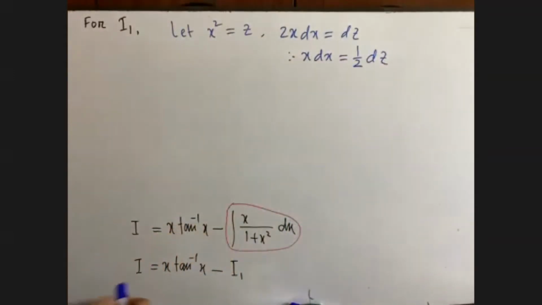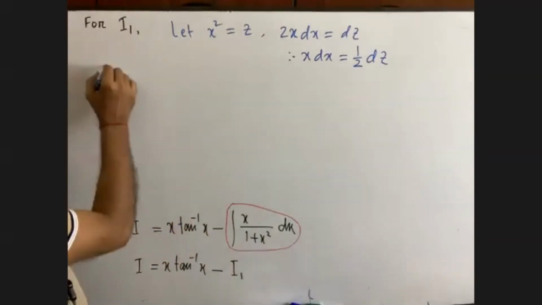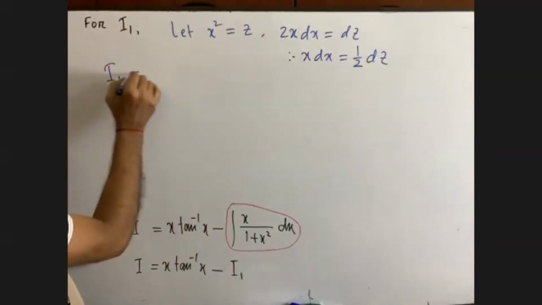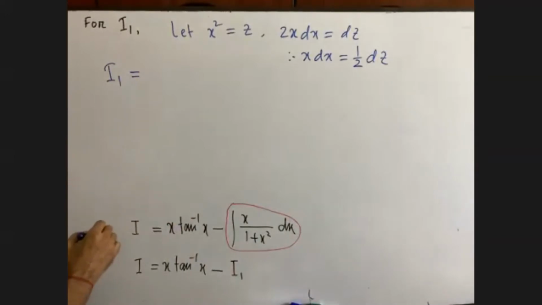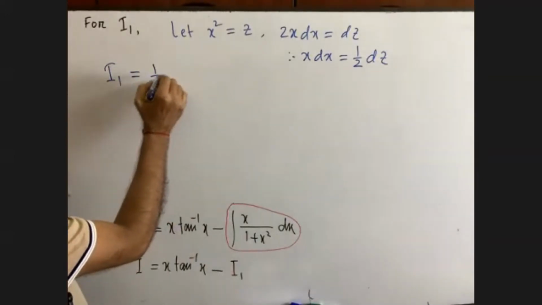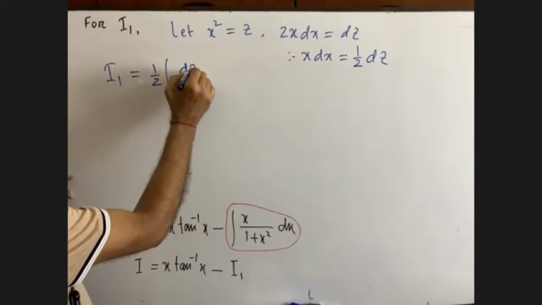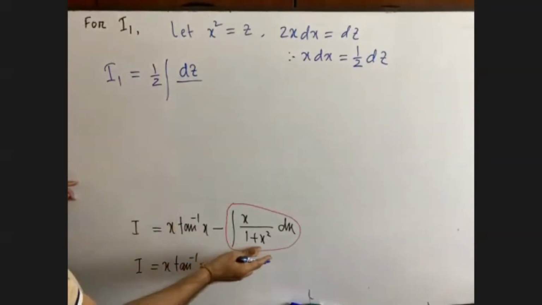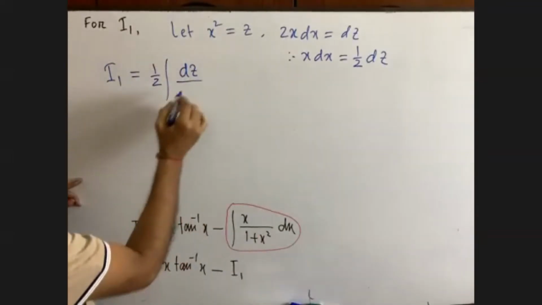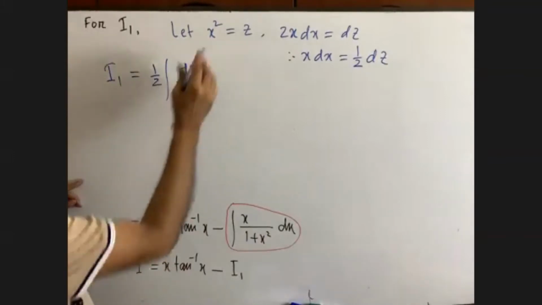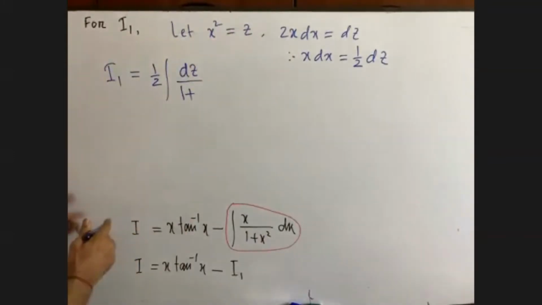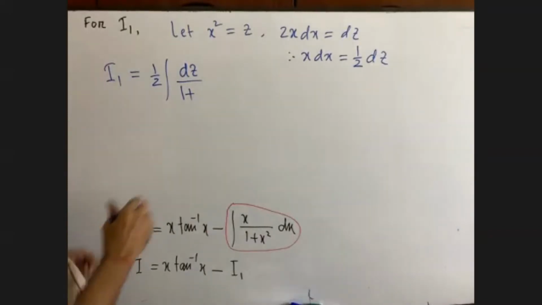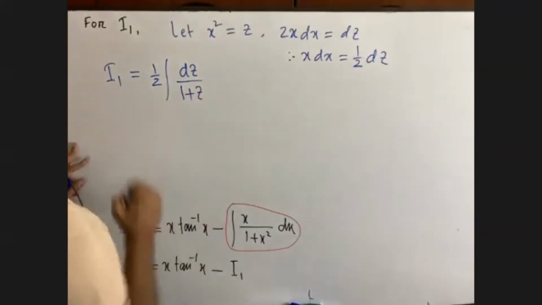So I1 is equal to, you write down, half dz by 1 plus x square. 1 plus x square equals to what? Z. Very good.